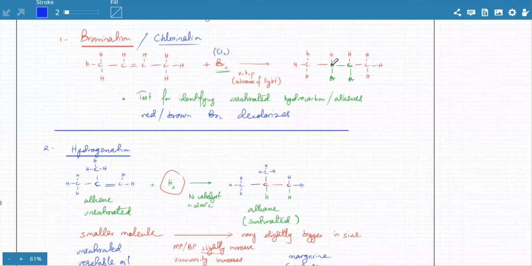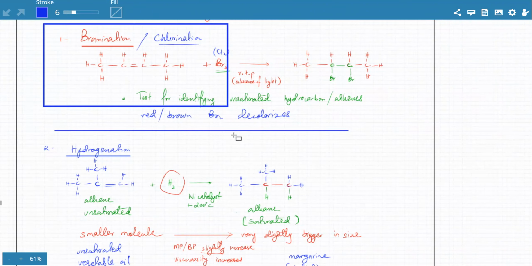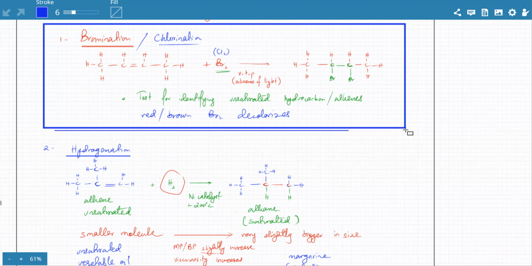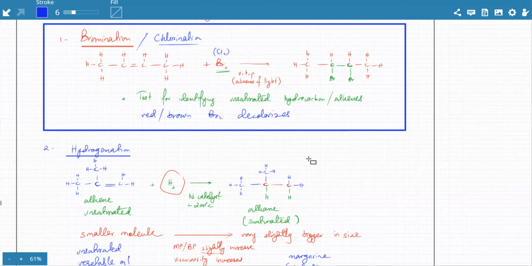The double bond vanishes, and the carbons, instead of forming bonds with each other, form one bond each with bromine. It's used for identifying unsaturated hydrocarbons. The red brown bromine decolorizes. So remember this, it's a test for identifying unsaturated hydrocarbons. Again, it's going to be asked very frequently.